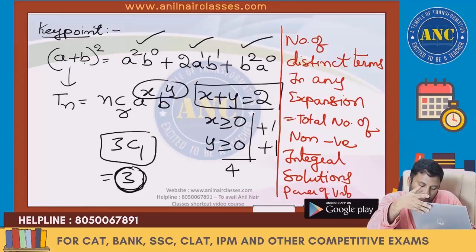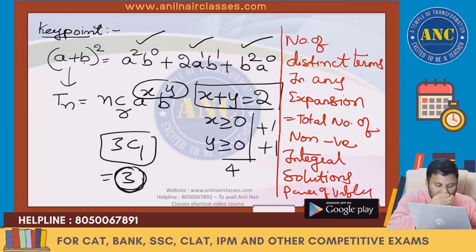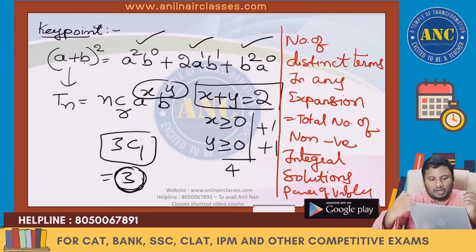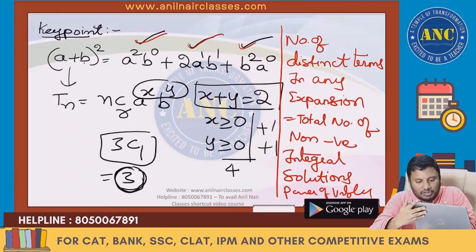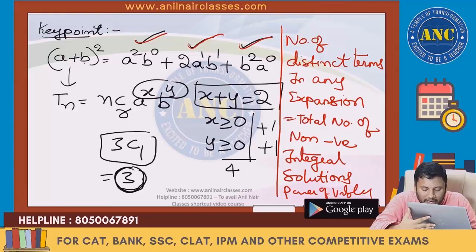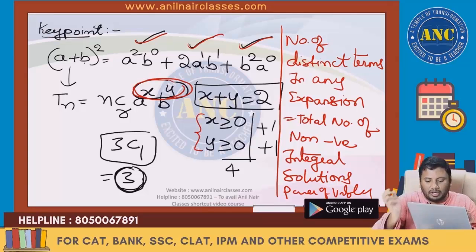There are a total of 3 distinct terms here. Powers of the variables can also take 0, so it is non-negative. It is equivalent to the total number of non-negative integral solutions. I hope it is clear.